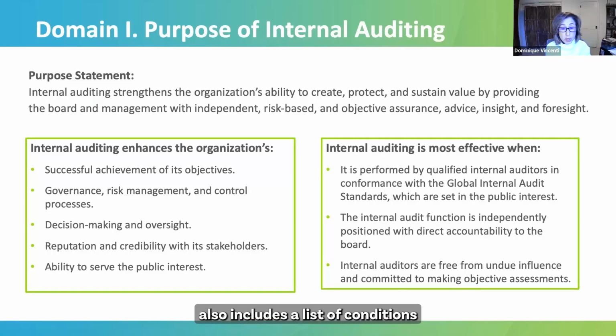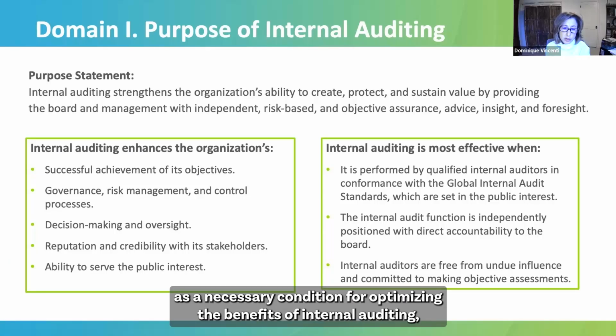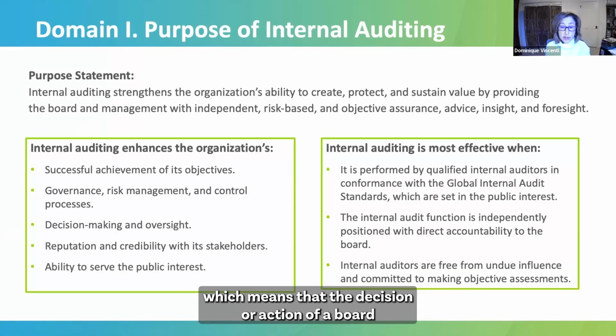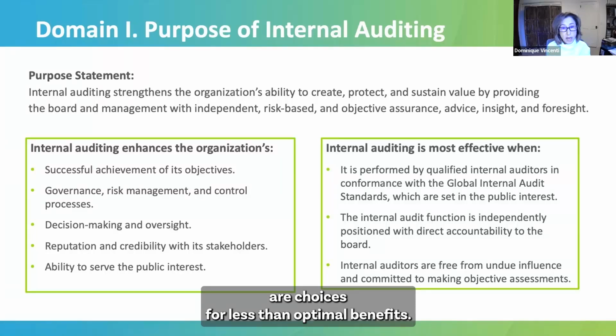And the purpose statement also includes a list of conditions necessary to optimize such benefits. This is what you see in the right box. Conformance with the standards is emphasized as a necessary condition for optimizing the benefits of internal auditing, which means that the decision or action of a board or the chief audit executive that do not support conformance are choices for less than optimal benefits.